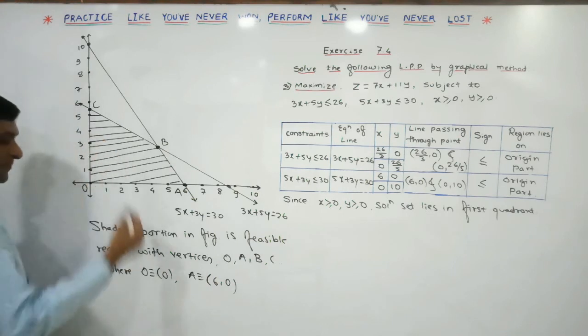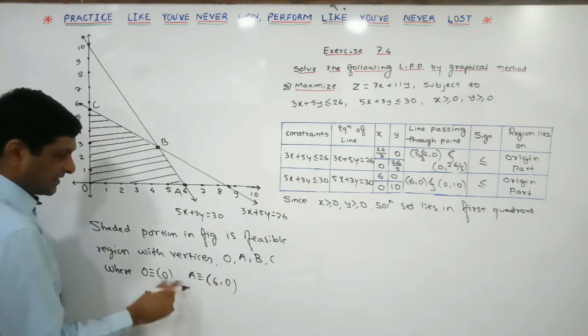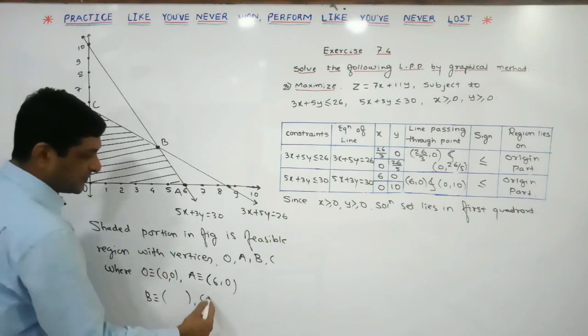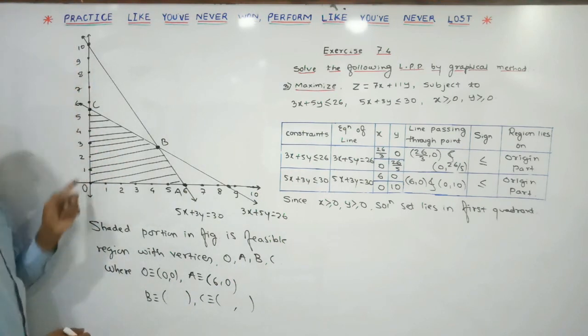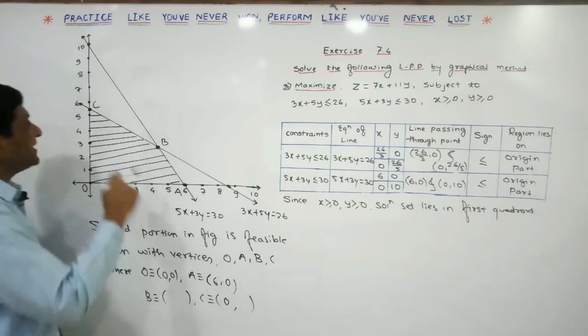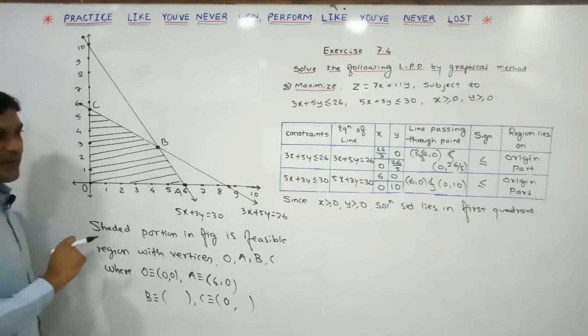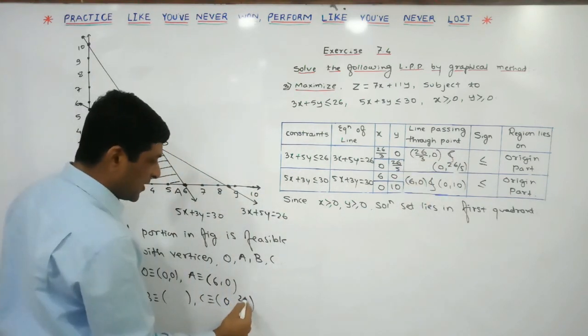Now we are trying to find the coordinates of vertex B and vertex C. C is a point on which axis? It is a point on the y axis, so its x coordinate is 0, and now we are trying to find the y coordinate of point C, and the y coordinate of point C is nothing but 26 upon 5.